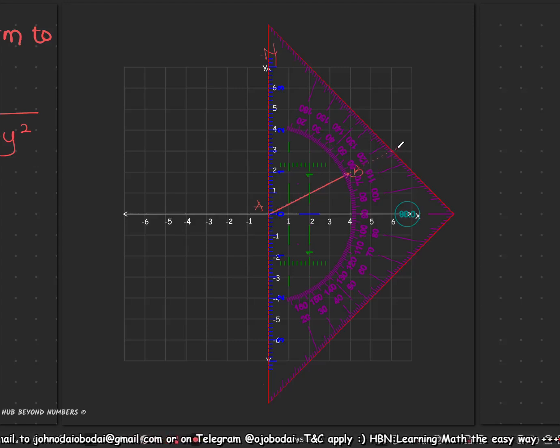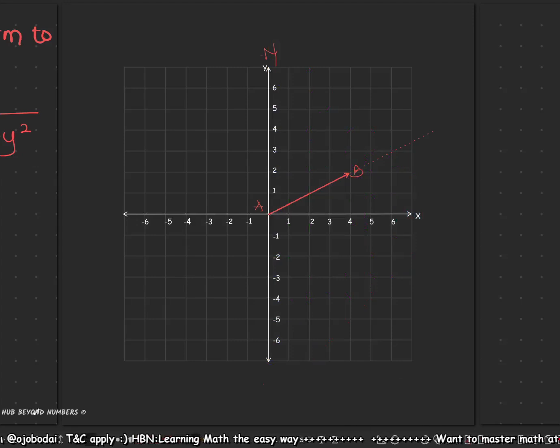For mine, I think that is a 75. Yes, that is a 75. It passes through 75 degrees. So we take note of that angle, and you can quickly write that down here.